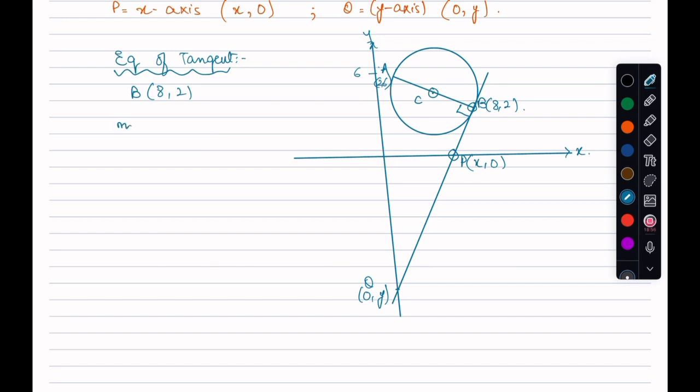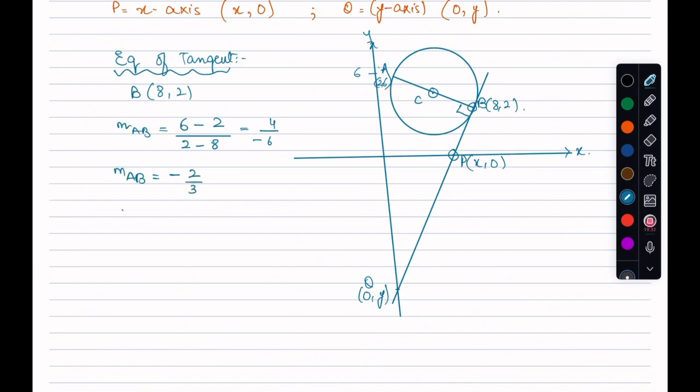Therefore, the gradient of AB is going to be the negative inverse of the gradient of the tangent. To find the gradient of AB, I take the y-coordinate of A minus the y-coordinate of B, which is 2. So 6 minus 2, divided by the x-coordinate of A minus the x-coordinate of B, which is 8. So this becomes 4 divided by negative 6, or I can say that the gradient of AB is negative 2 by 3.